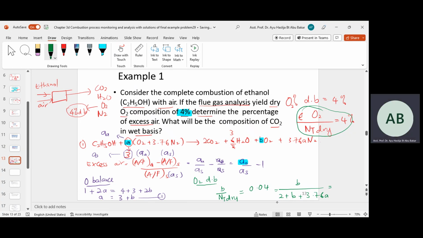So from here you will get the second equation. Simplify it. Equation 1, A equals 3 plus B. So you input equation 1 into here, then from there you can calculate what is your B.